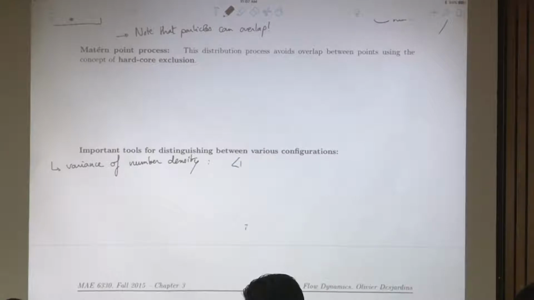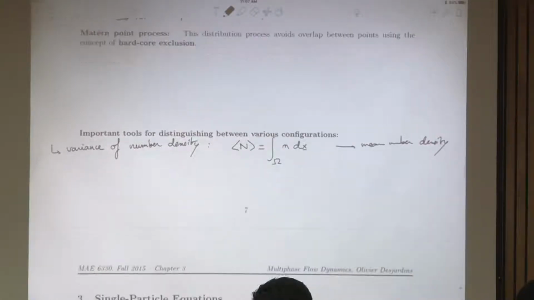So if my mean number density is just the integral over my volume of n dx, then we'll be interested in the variance obtained from simply the mean of n squared minus the square of the mean of n.